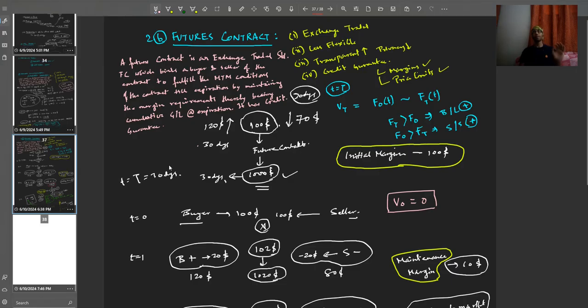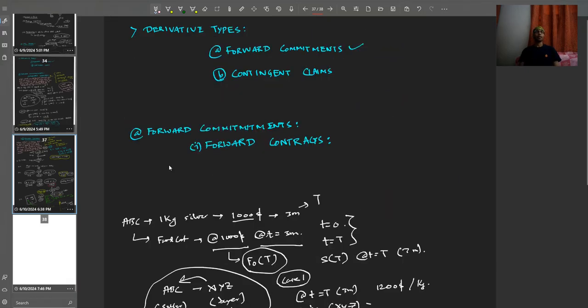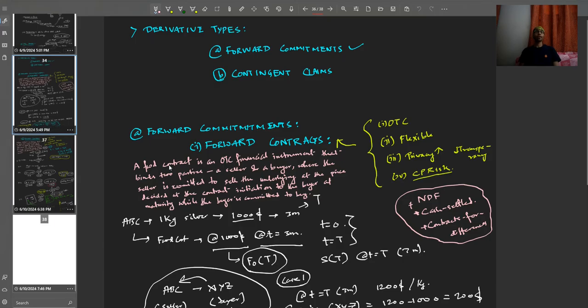It is only after the performance of the underlying is deciphered, at the end of the expiration or on the way to the expiration, that the value is decided. Even in case of a forward contract, the initial value or the initial exchange is 0. There is no initial exchange. So this is a very important aspect of both forward contract and futures contract.